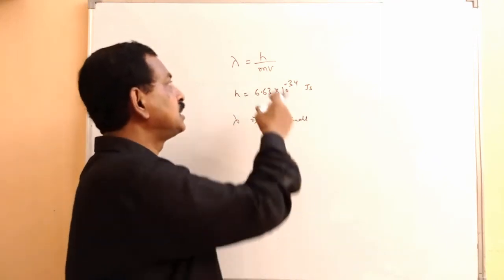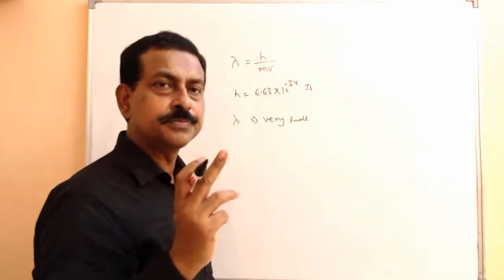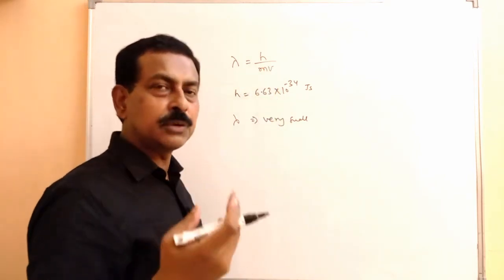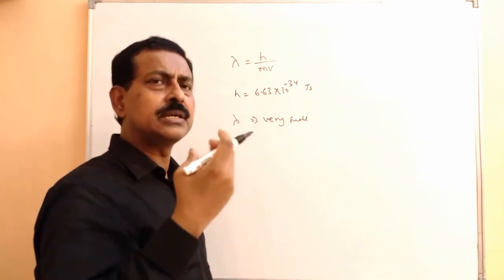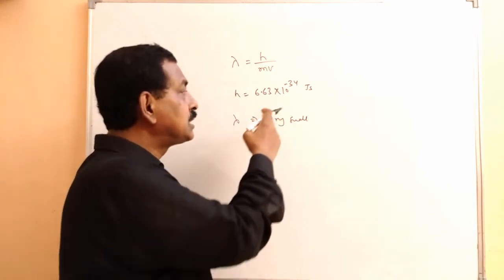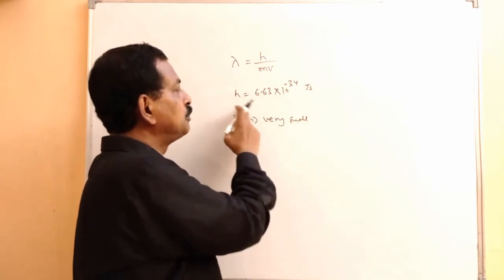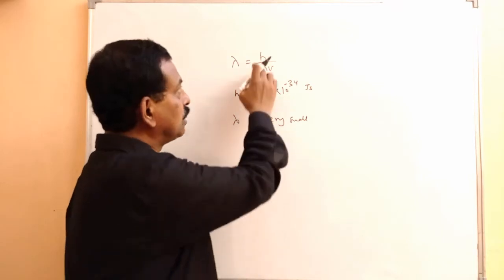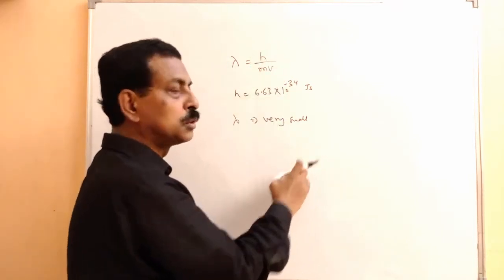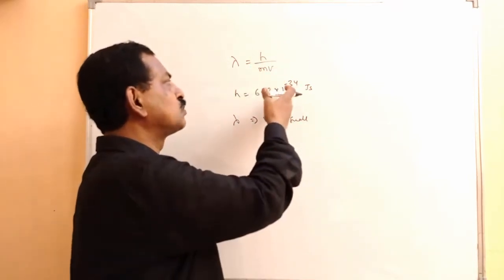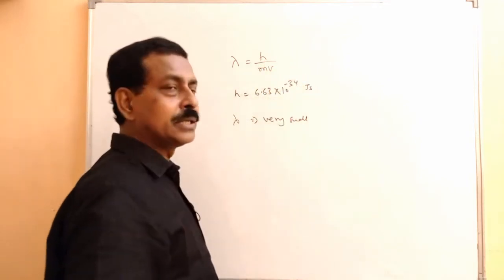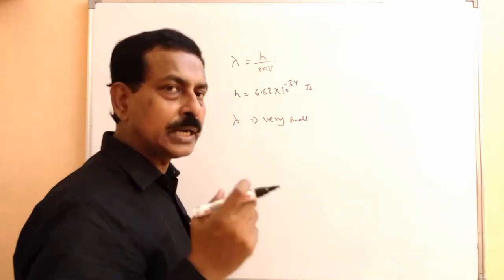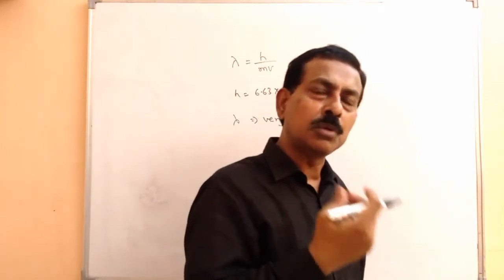Even if we consider m to be 1 kg and velocity 100 or 200 meter per second, the lambda you get will be very, very small, of the order of 10 to the power minus 36 meter. That is the wavelength. So that is why in day-to-day life we do not observe this.